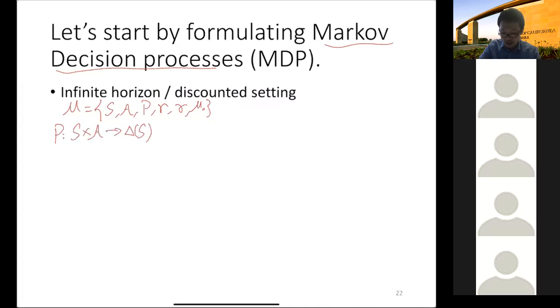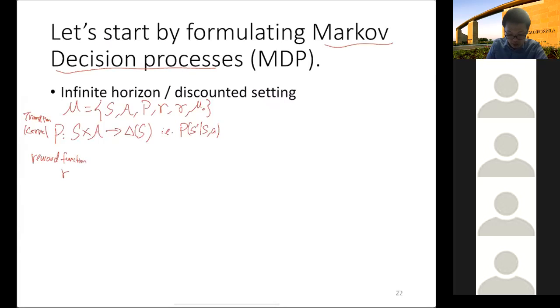You can also think about this as a conditional distribution of the next state given your current state and action. This is called a transition kernel, or transition probability, or just conditional probability distribution. And now the reward function.